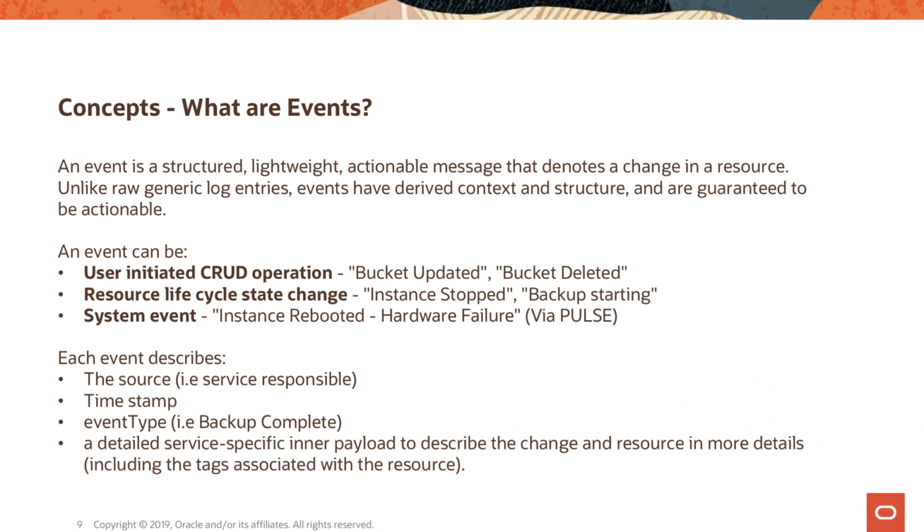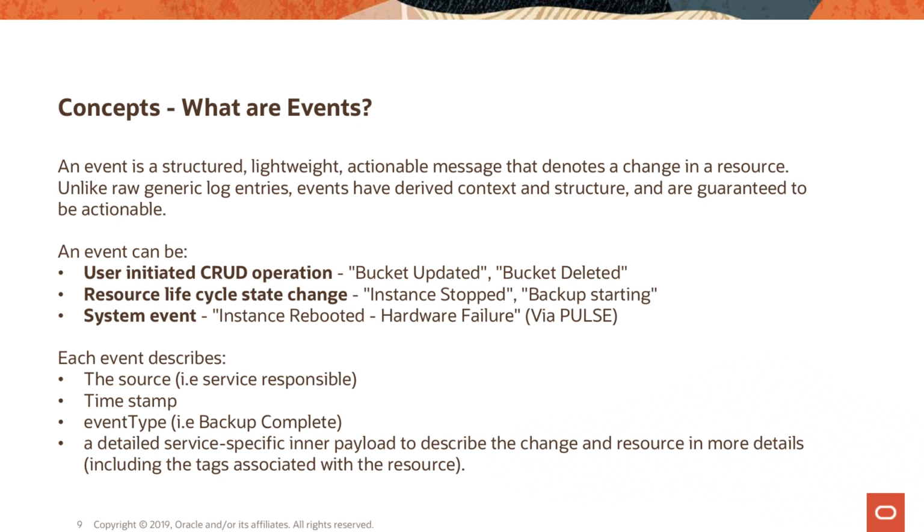The event describes a state change that occurred to the entity, and events can be user-initiated CRUD operations, something getting created or deleted, etc. In the context of OCI event service, these could be events related to resource lifecycle state changes and also some system-level events in OCI.